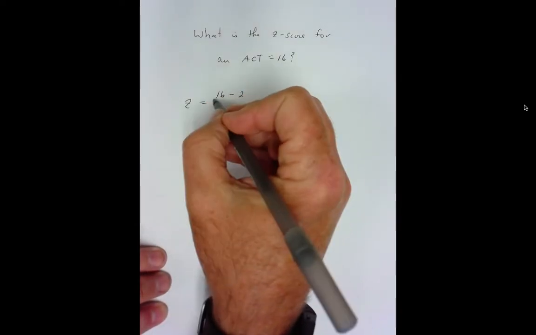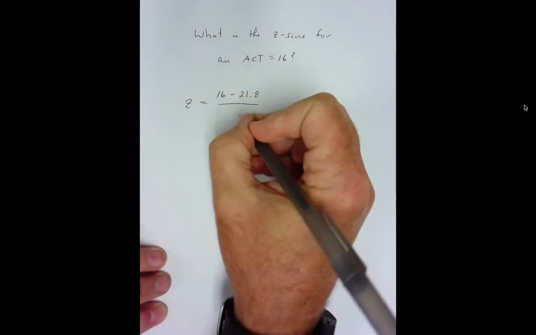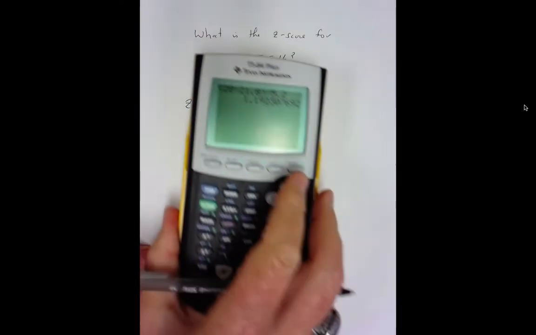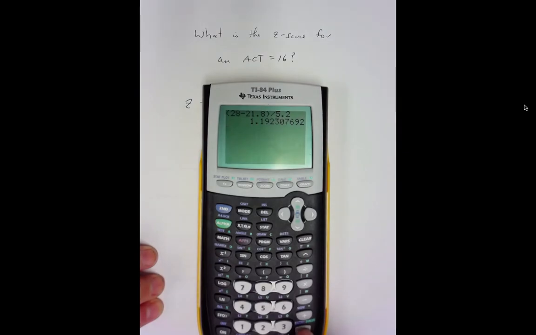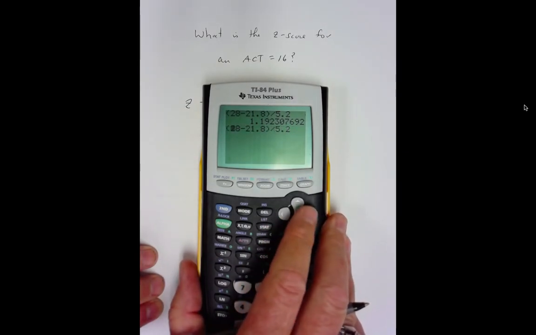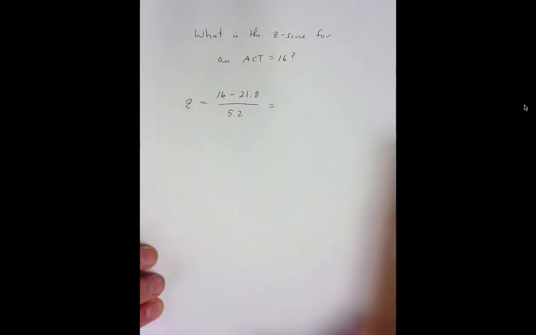So put in the score of 16 minus 21.8 over the standard deviation of 5.2. Really, all I need to do is go second function entry, and the only thing I need to change is 28 to 16. And you'll see that we get a negative z-score here of negative 1.12.